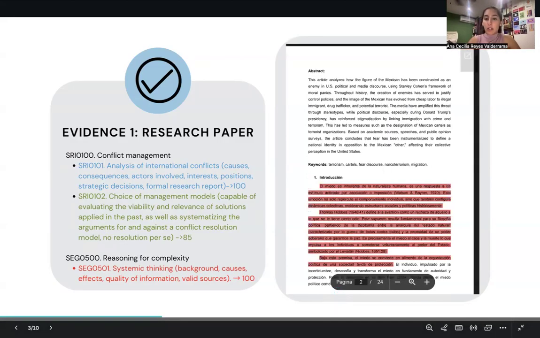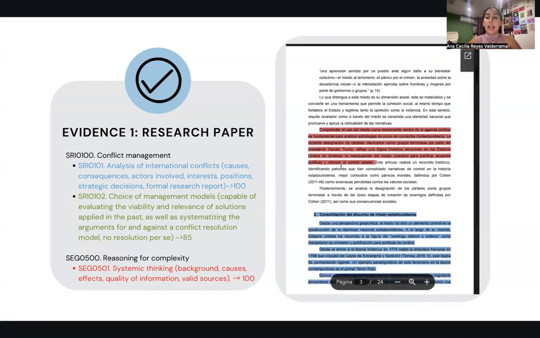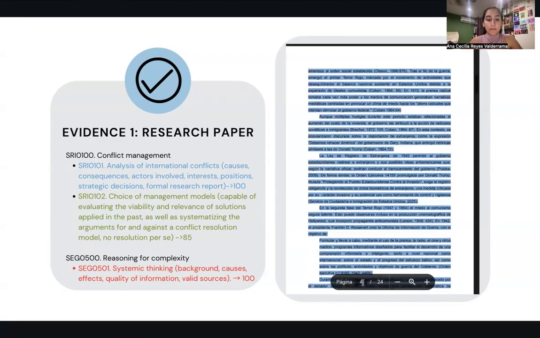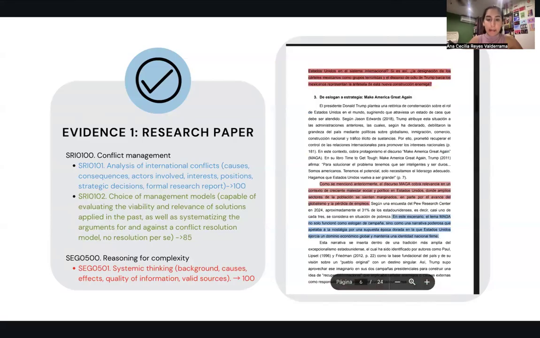So we can see throughout the whole document, for example, here or here, that I categorized with different colors to have a better understanding. Then we have the historical part. That's why it's all in blue, because it's mainly the causes.